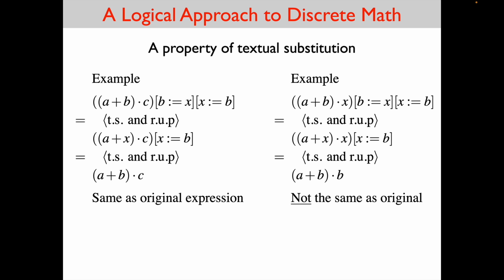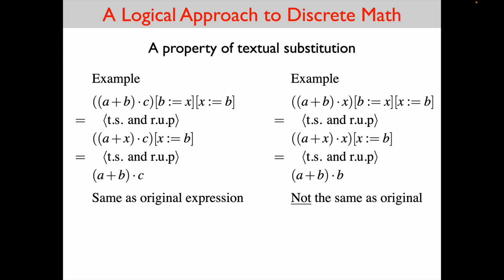So you see, it's not necessarily the case that if you have an expression that has b's in it, and everywhere there is a b, you replace it with x first, and then after that, everywhere there is an x, you replace it with b, you will get the same as the original expression. So the question is, when do you get the same as the original expression, and when do you not?